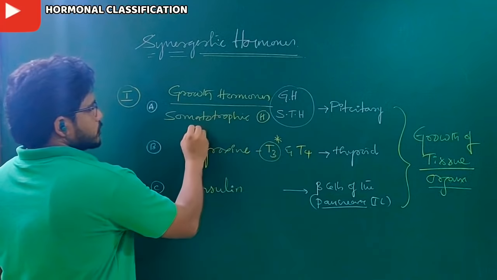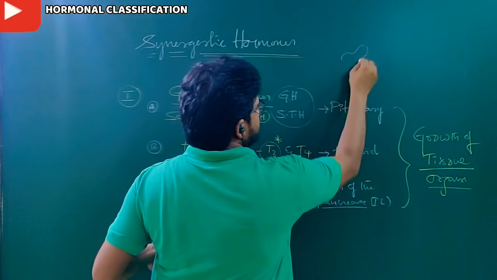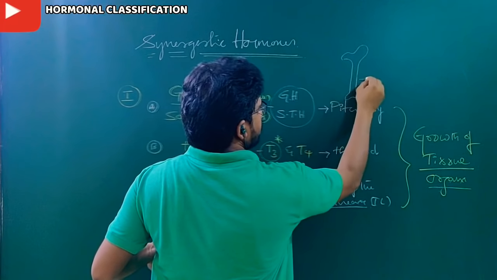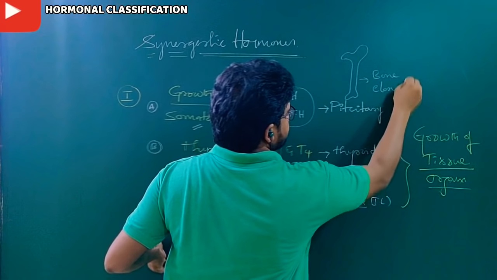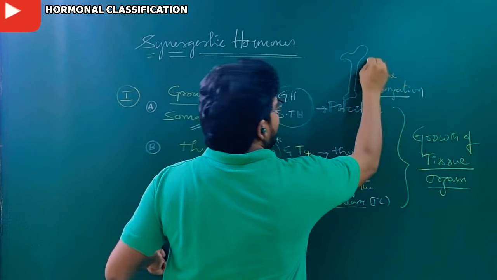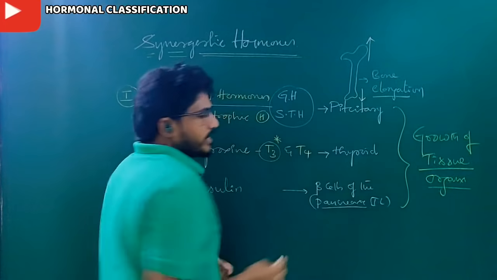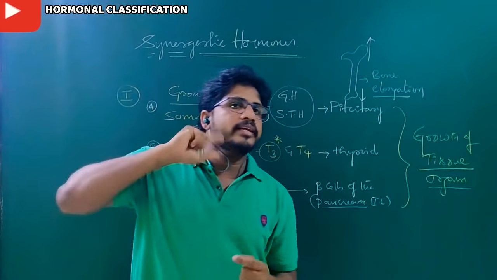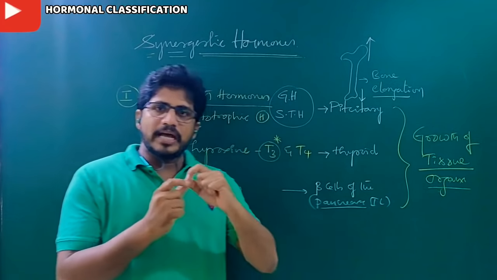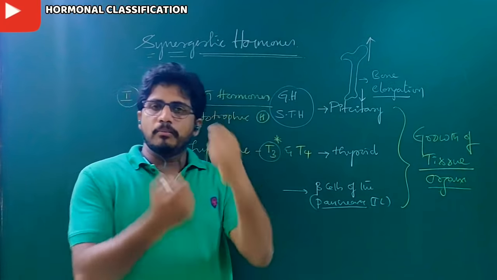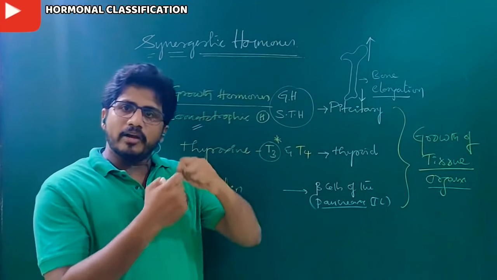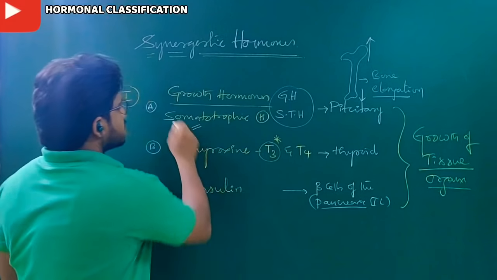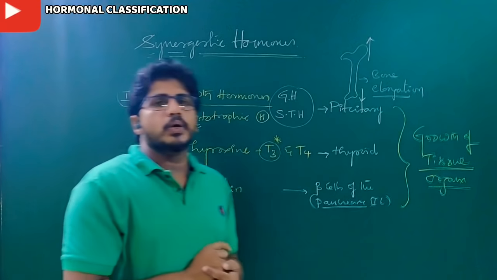Suppose the somatotrophic hormone helps in bone elongation. When bone is elongated, don't think bone is growing in only one direction. Bone growth happens in both directions. So bone growth is bidirectional. Which hormone helps in the elongation of bone? The answer is growth hormone. That is why it is called growth hormone.